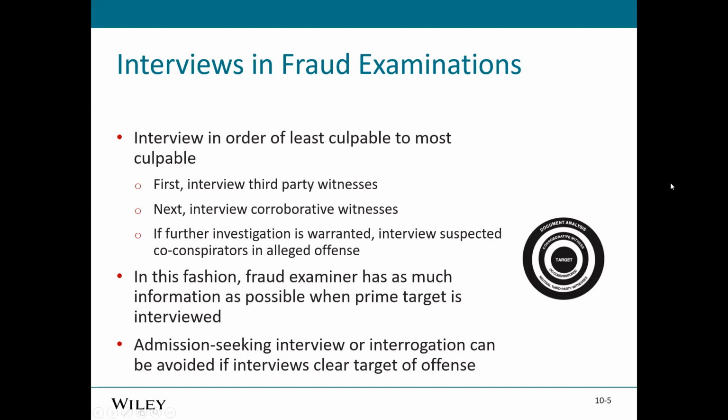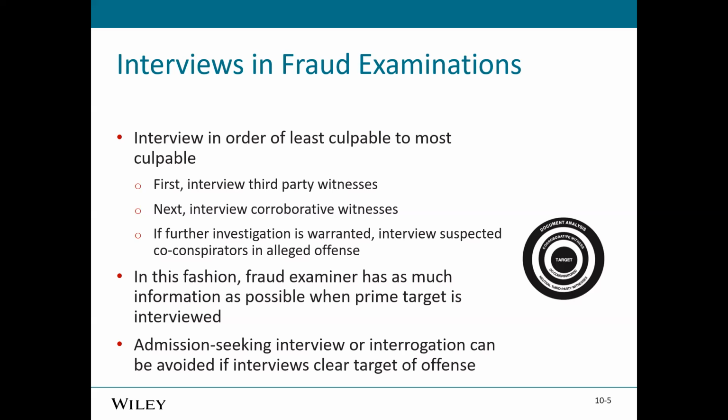If after interviewing those neutral third-party witnesses it appears that further investigation is needed, then we would move into those corroborative witnesses. The fraud examiner would proceed by interviewing the co-conspirators. We're generally going to interview these people in order, and only after those suspected co-conspirators have been interviewed is our actual target going to be confronted.